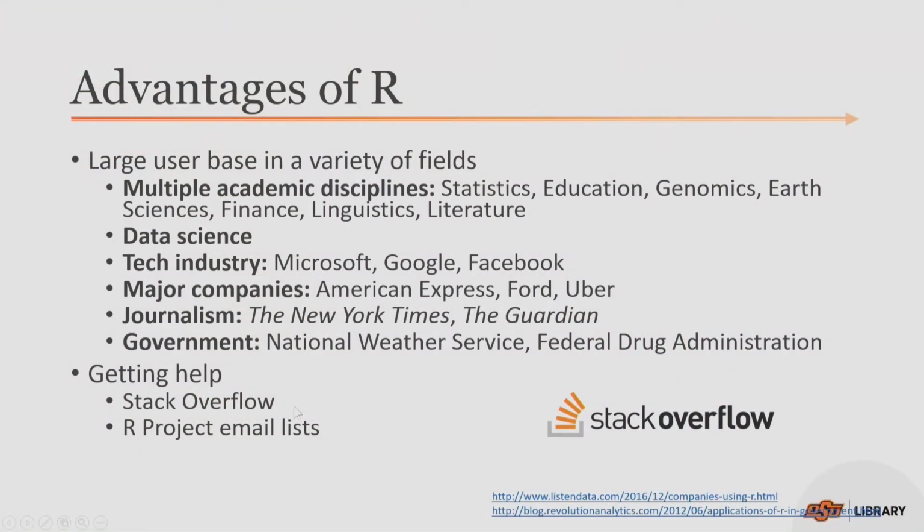Getting help. Another big advantage to R is if you have used any software in the modern era, you probably are already familiar with the fact that most questions, error messages, and so on, you can Google and come up with an answer. But if you need a little more sophistication, there are a couple of options.